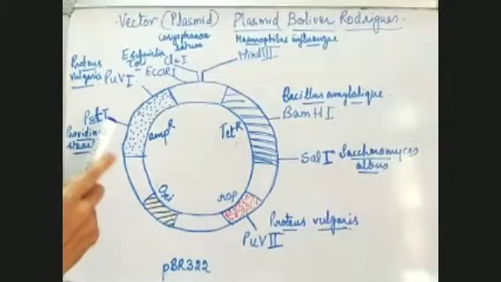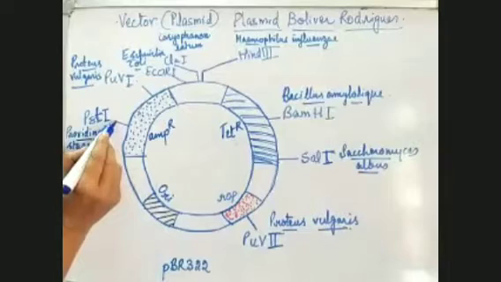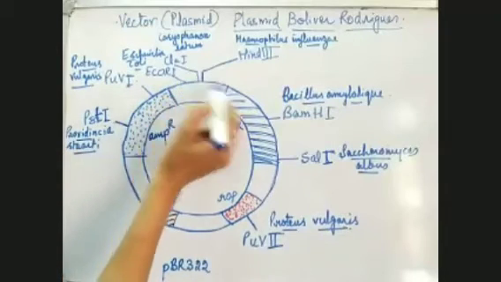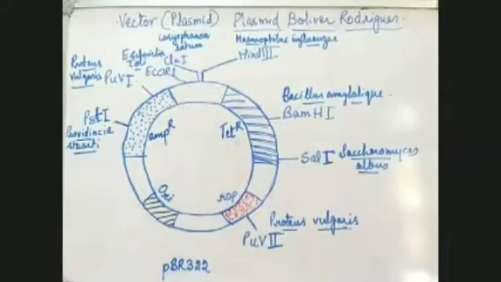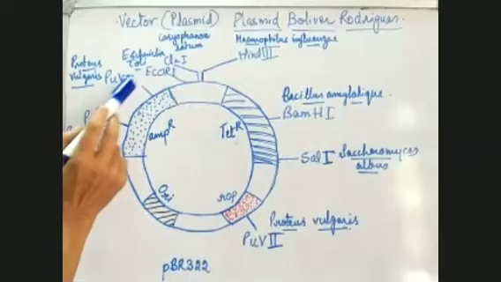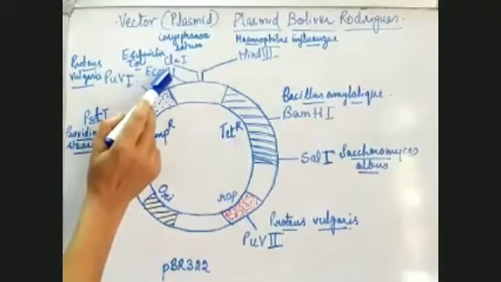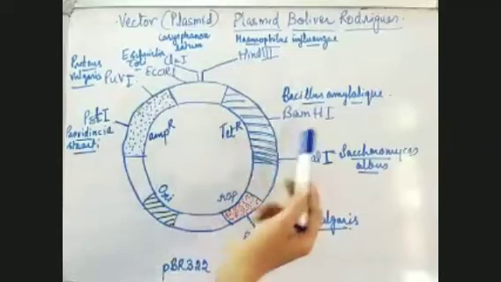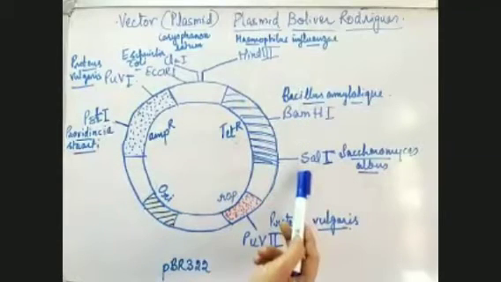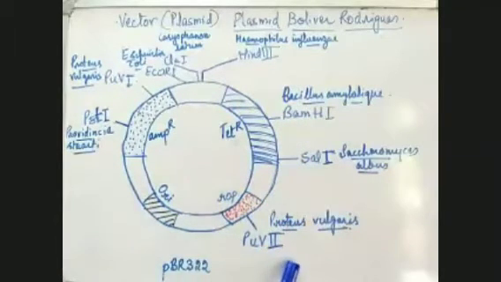And see here, the marks have been made here, here, here, and here also at two places. Now what are these? See, PST1, PUV1, ECOR1, CLA1, HIND3, BMH1, SAL1, PUV2. What are all these?